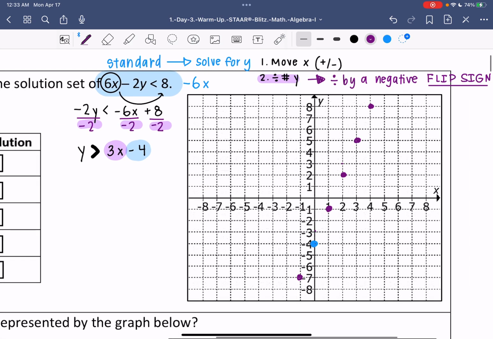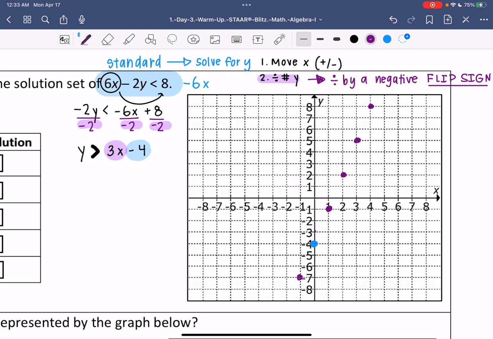Okay, so here's where it gets tricky, or we have to remember it. Because it's not an equal sign, we are now trying to decide what kind of line we draw and what shading there is. What this inequality is saying is that every value that is greater than 3x minus 4 is part of the solution.